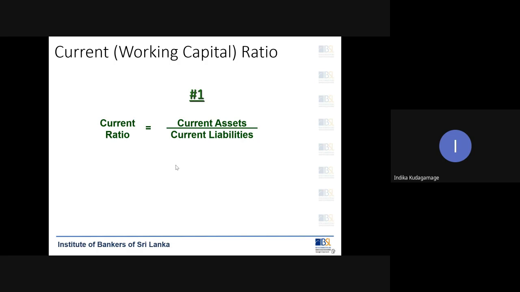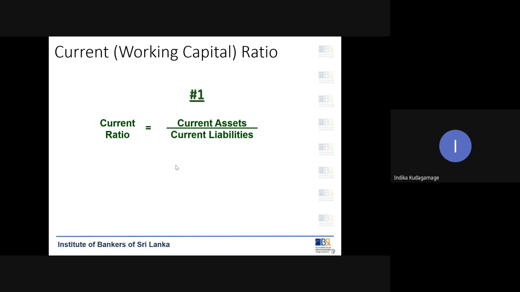So those are amounts due to directors or due to partners or due to a sole proprietor. Those are amounts due to people which need to be paid within a 12 months period. Then we have short-term facilities, PODs or short-term loans, right? So all these need to be paid within a 12 months period.